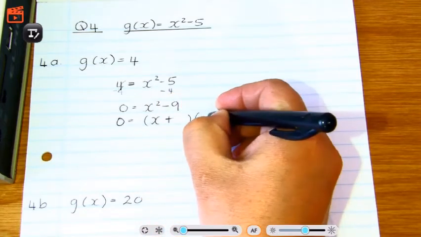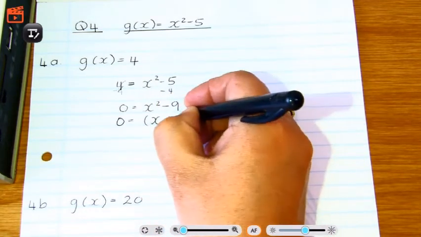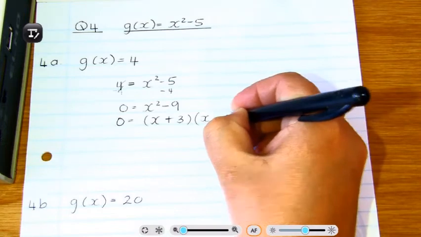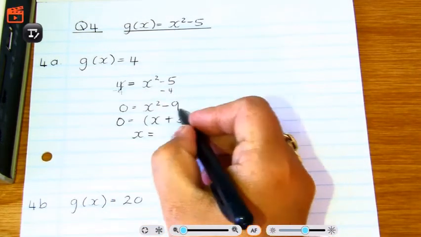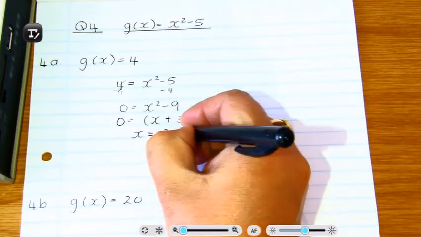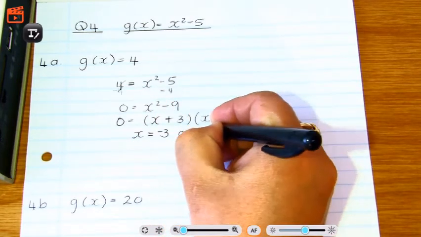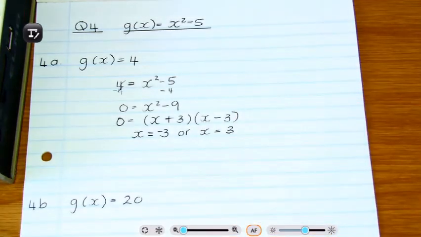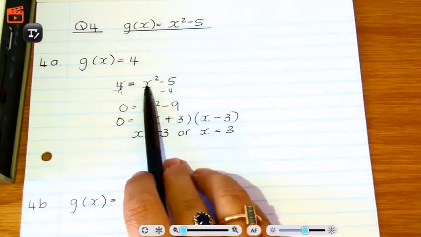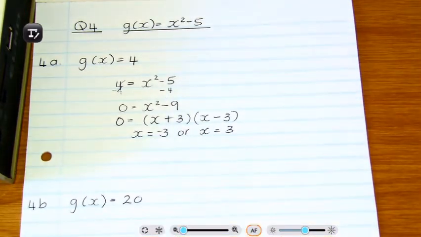And the root of 9 gives me 3 and 3. And so therefore, x is equal to negative 3 or x is equal to positive 3. And those are my 2 possible values of x. And you should know, because it's a quadratic equation, x squared means I will have 2 solutions for x.